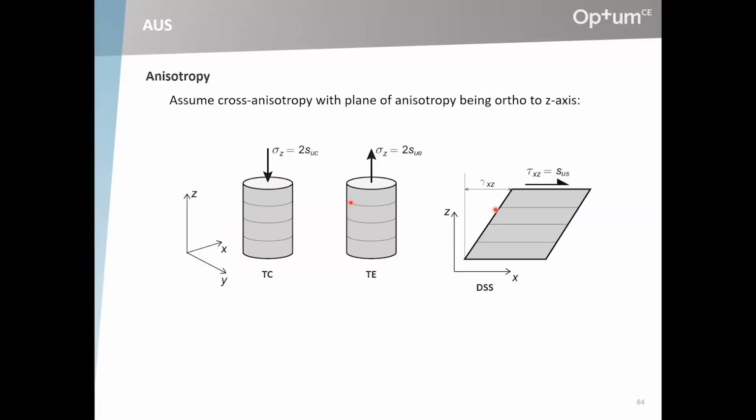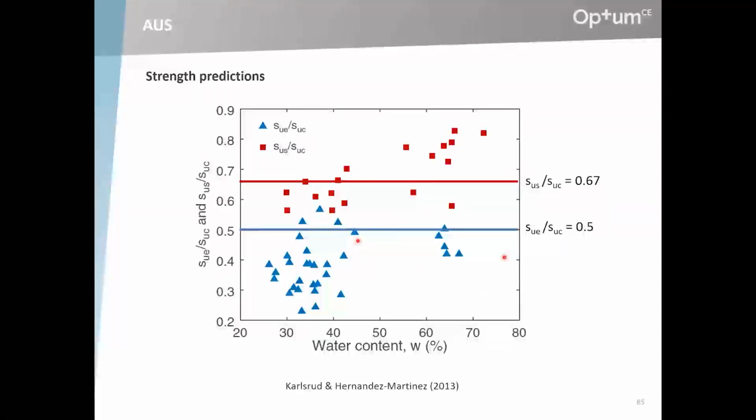And then we have three types of test results available: triaxial compression, extension, and DSS. Can we then, by including anisotropy, make sense of these results in a better way? So very low extension to compression ratios, for example.